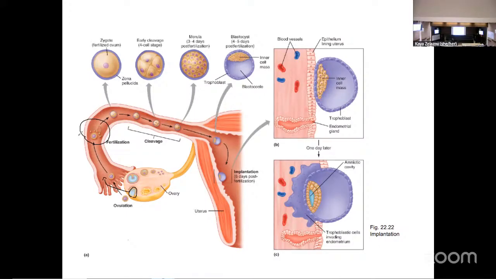Whichever one gets to the ovum first and actually combines with it, because it's undergone capacitation and can fuse with that oocyte. Once that happens, this is going to be sending out signals that basically prevent other sperm that might be in the area that might have made it this far from also fusing. So we're going to start suppressing everything else around us if we have this fertilization event occur.